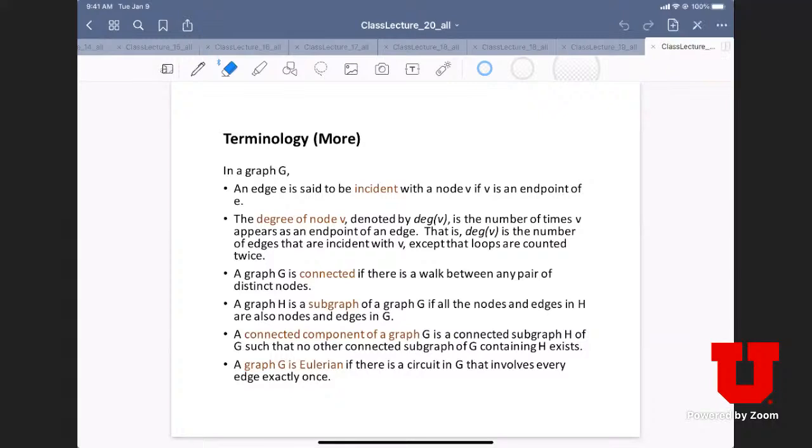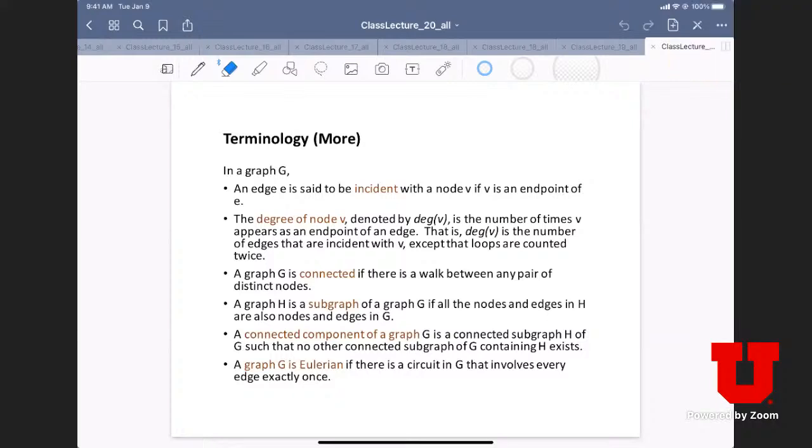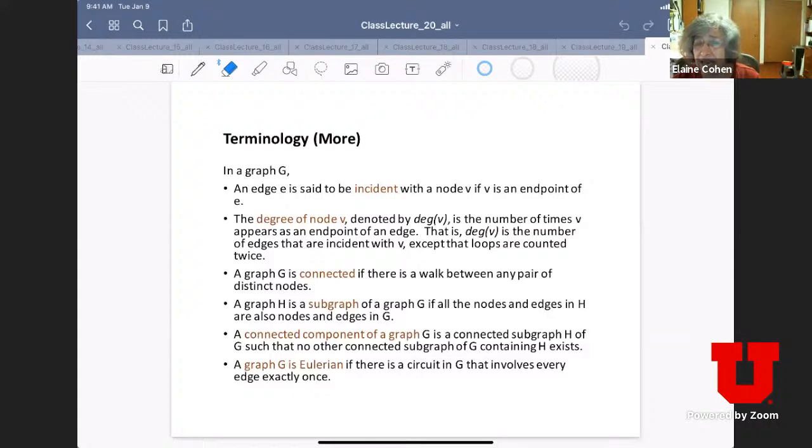Is a connected component of a graph an equivalence class? That's very good. Yes, indeed. So you could define a relation on, let me think of this, because it's not quite an equivalence relation, the connected components.